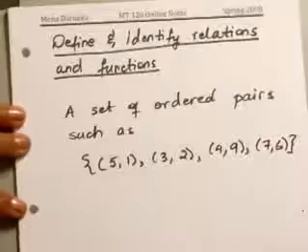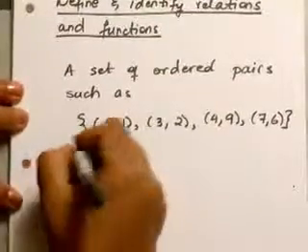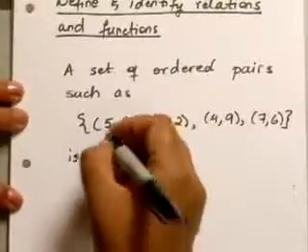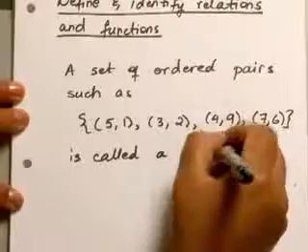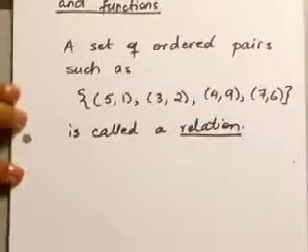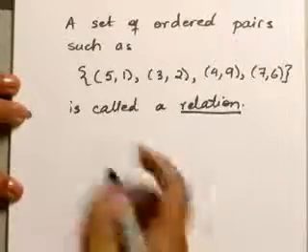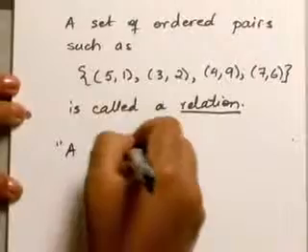Let's say we have this set of ordered pairs here. When you put these sets of ordered pairs together, you call them a relation. So basically just any set of ordered pairs is a relation. For a formal definition, you can look at this.